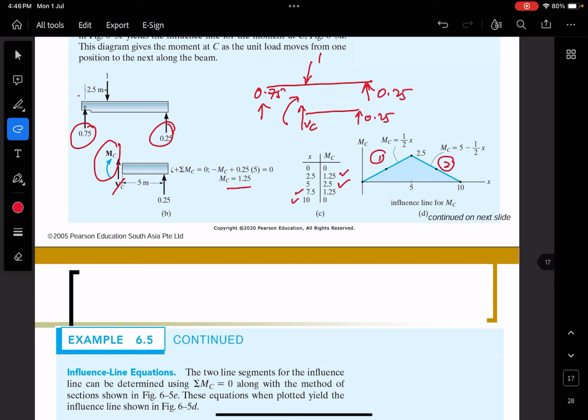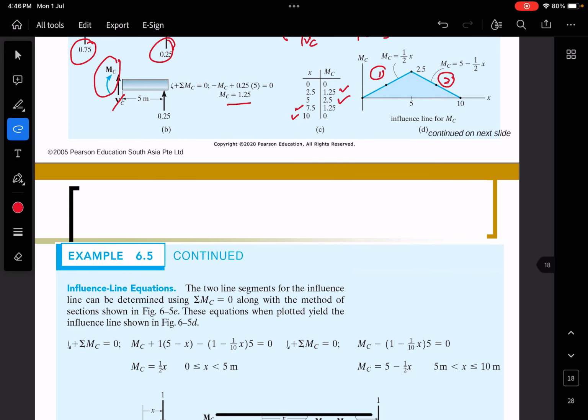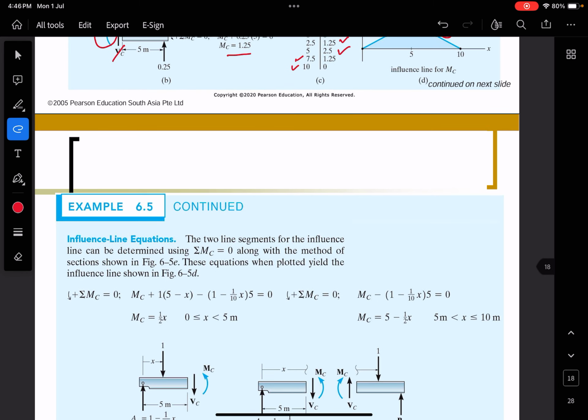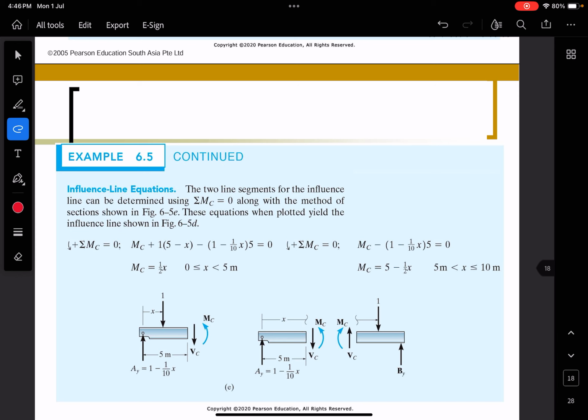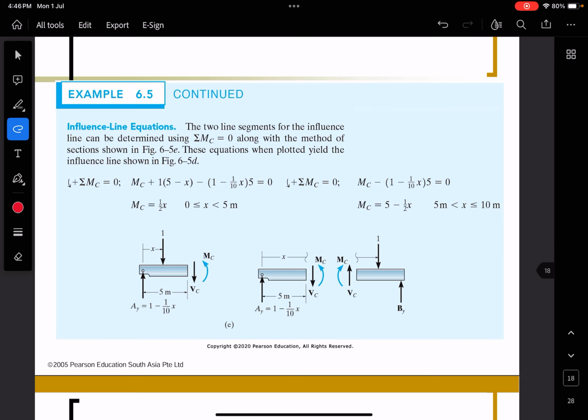So in case you want to check whether your diagram is correct or not, you can also use the second approach, which is influence line equations. So the two line segments for the influence line can be determined using summation of moment at C.